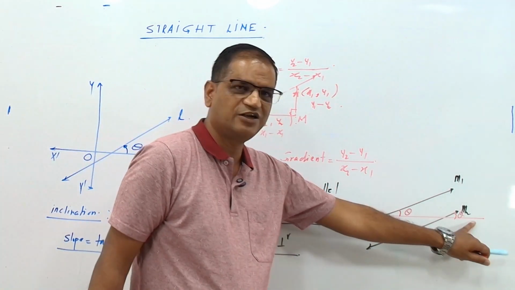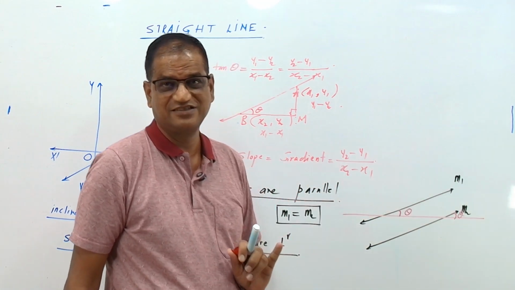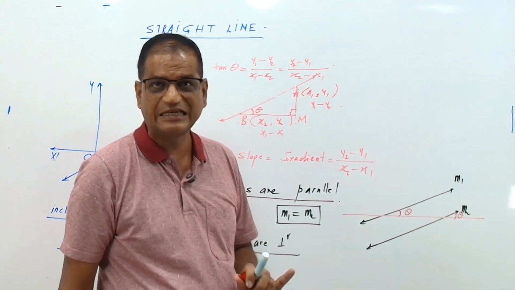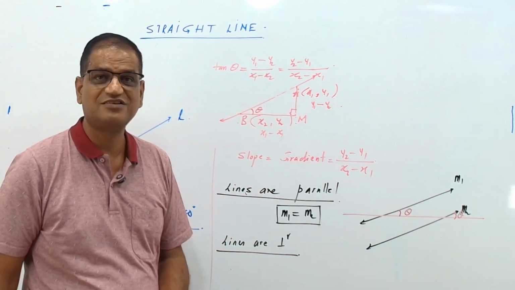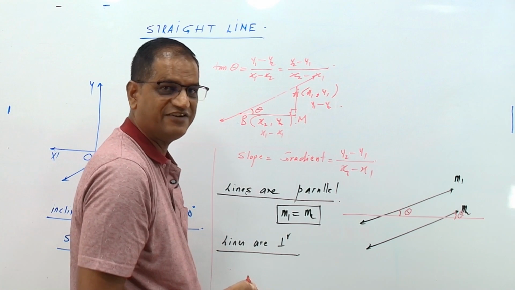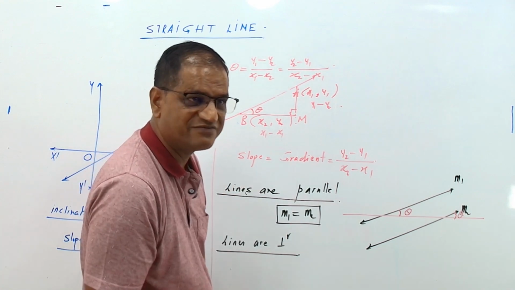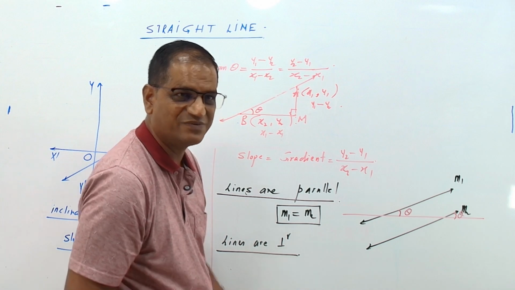These angles are measured from the positive x-axis in the anti-clockwise sense. These two lines are parallel and the positive x-axis will be the transversal. So corresponding angles, if theta is the same there, tan theta will be equal. So the slopes are equal. You are getting my point?